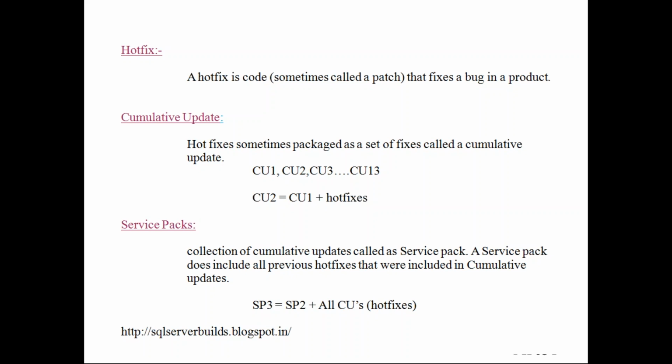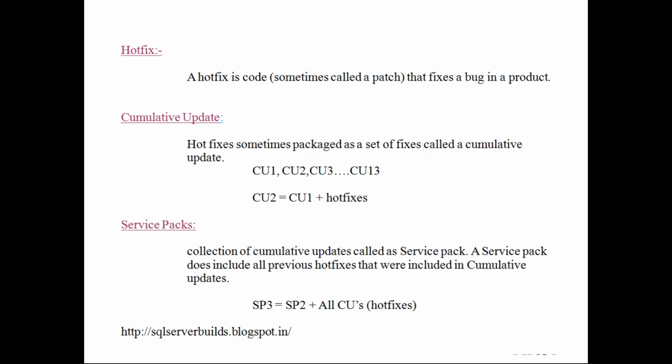And the next is a cumulative update. If these hotfixes are regularly created by Microsoft, then at some point it would be very huge for an individual to download and apply all those fixes.